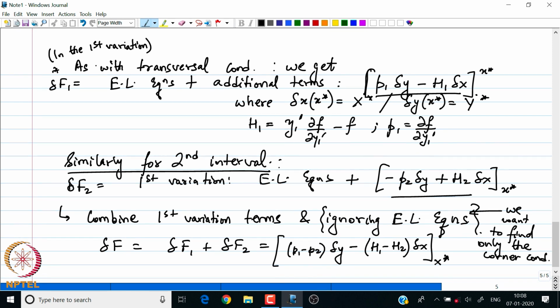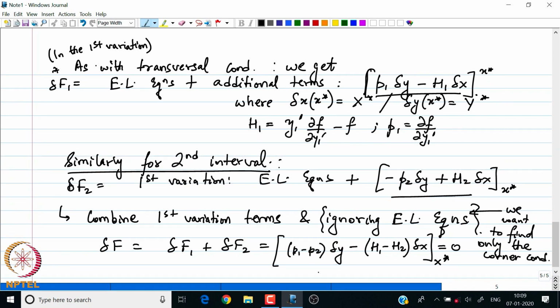So now the corner conditions will be such that this will also be 0, right. So the first variation becomes 0 when not only the Euler-Lagrange expression becomes 0, but also the corner condition becomes 0. Only then we are guaranteed to have extremals. So this is the combined condition that we have at the corner.